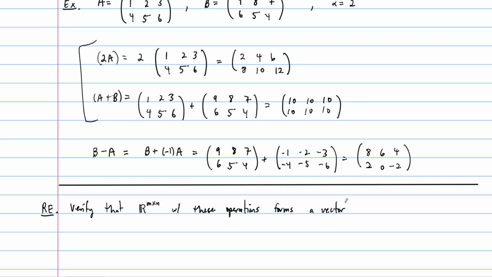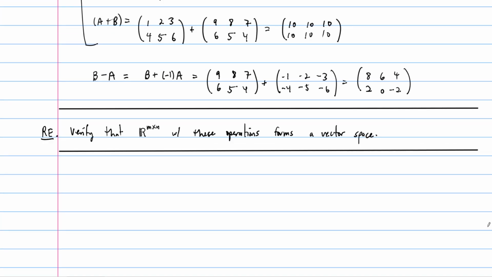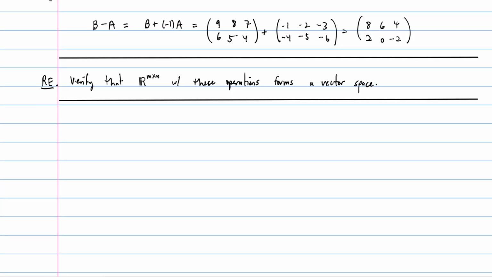So each set of m by n matrices forms its own vector space over the real numbers. I'm going to leave that as a recommended exercise, but you will want to check that, and we will use that fact to our advantage, that they form a vector space, as we move throughout the semester.